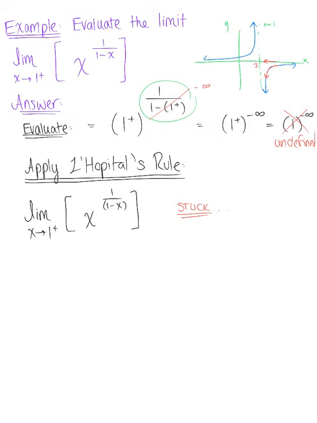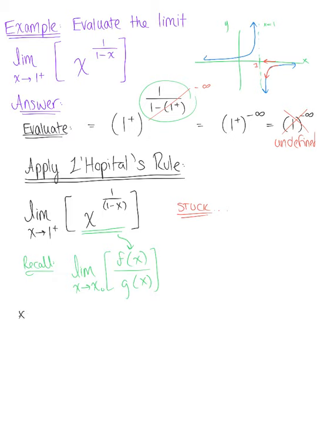We want to recall that L'Hopital's requires the argument of our limit to be a quotient. So we have the limit as x is approaching x naught of a function f of x divided by g of x. So we need to go ahead and rewrite the argument in the form of a quotient.